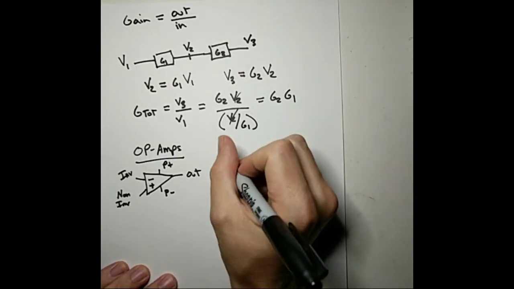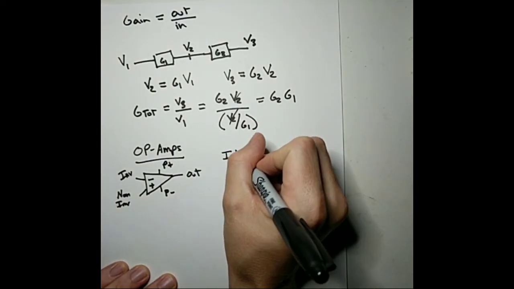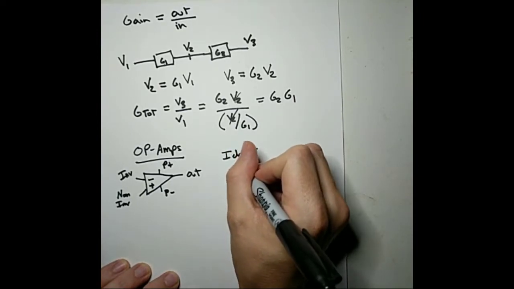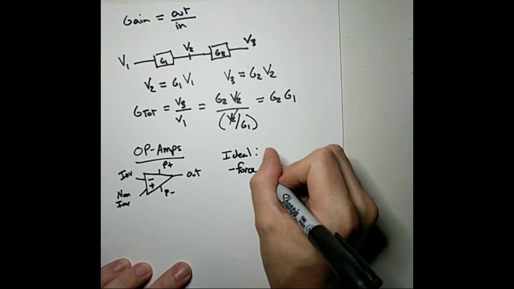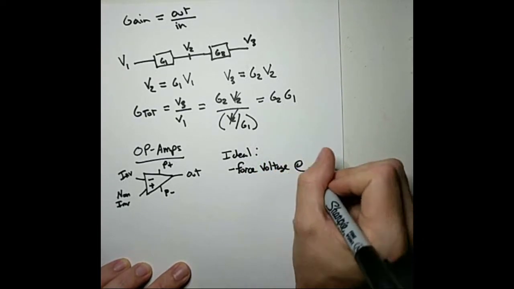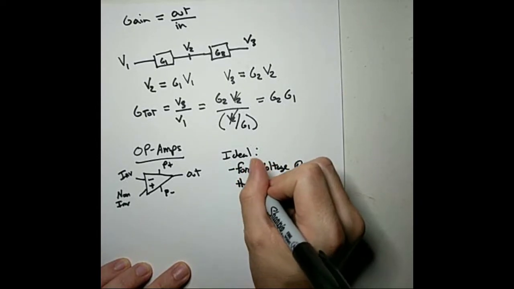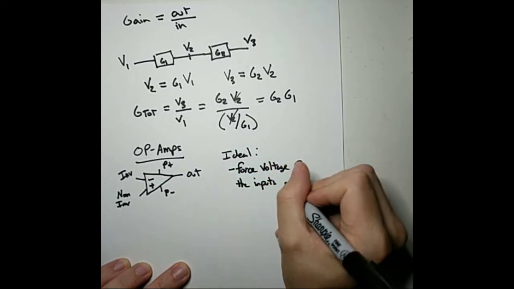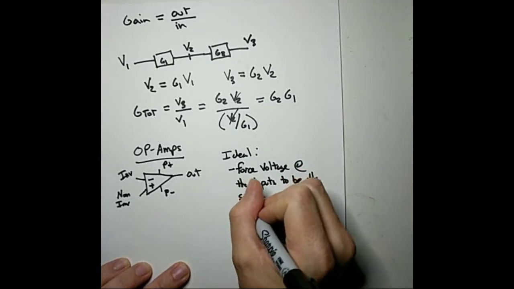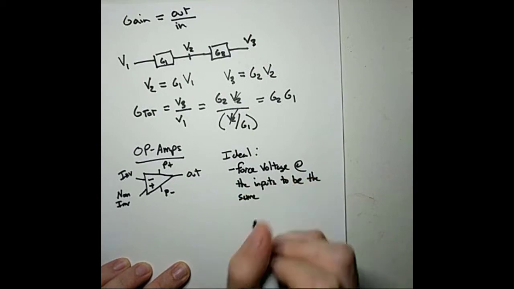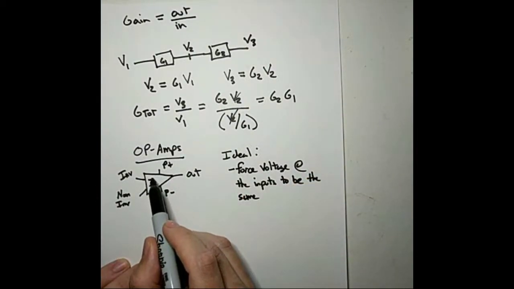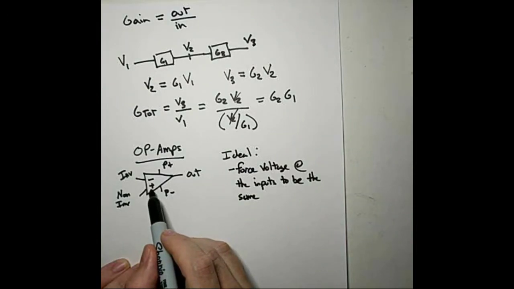So an ideal op amp forces the voltage at the inputs to be the same. So whatever the voltage is at this input ends up being the voltage at this input.